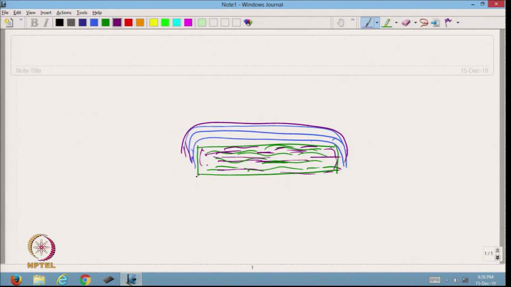Now, at the uppermost side there will be a bag, a sheet material, and this is placed in such a way that there will be a gap through which we can take out the air.